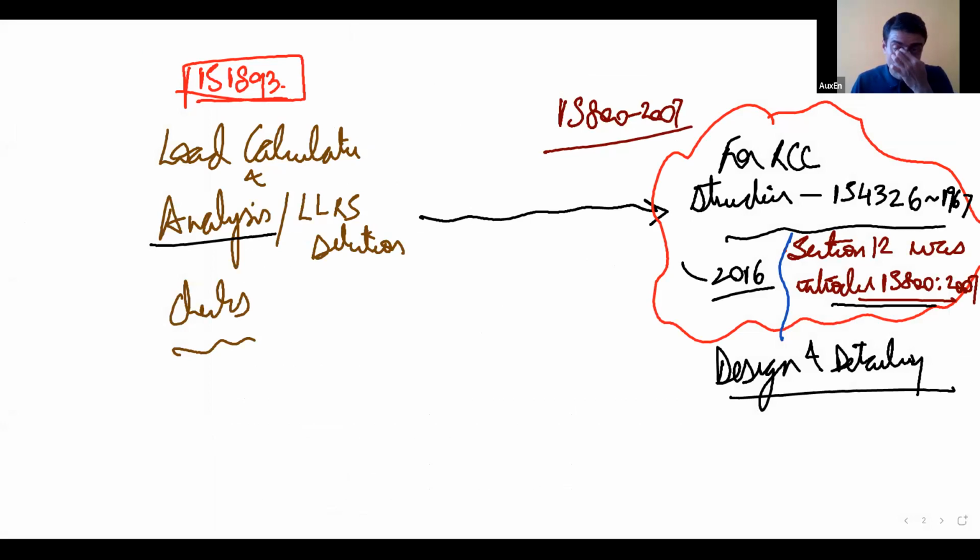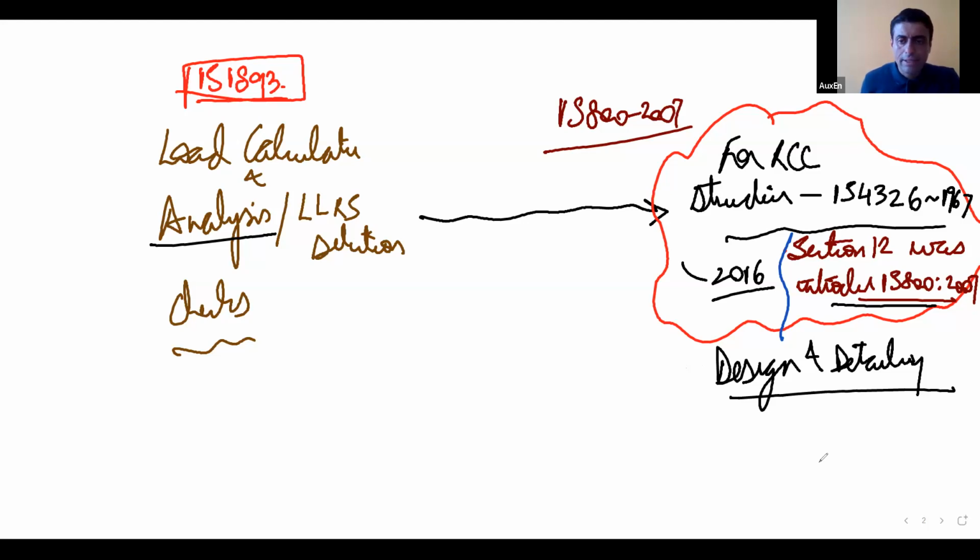Generally, Indian codes are a cut, copy, paste operation on 341 or any American code. I don't know how the committee works, because they just directly pick from there. There is no thought given to what will happen in the Indian scenario. They just pick it.